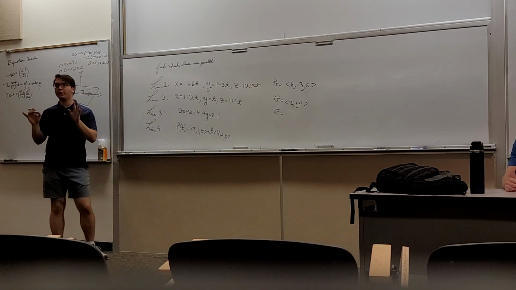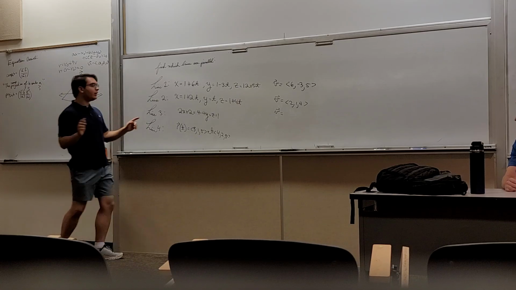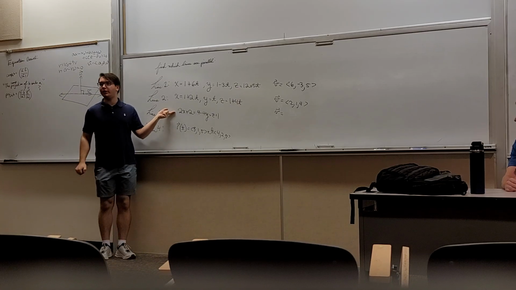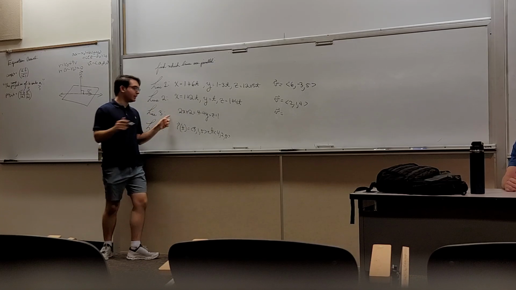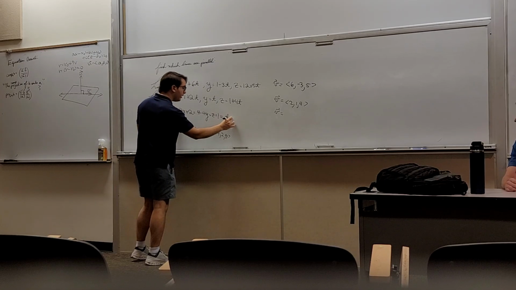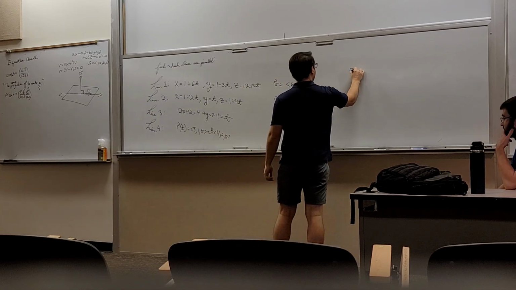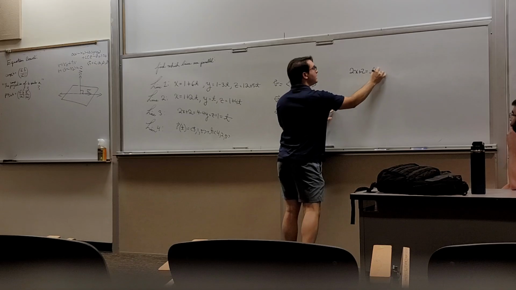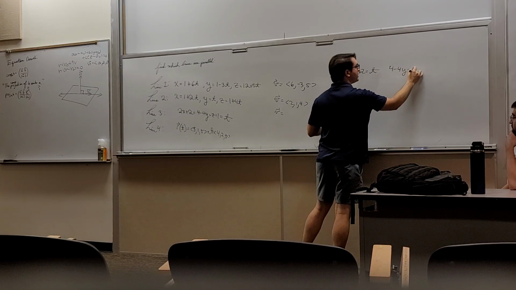And in case on the exam you're like, I don't remember, is it in the denominator or numerator? If you forget, remember how we got this, that they all equal each other. This equals t, x was 2, right? So all of them equal t. So 2x plus 2 equals t. 4 minus 4y equals t.